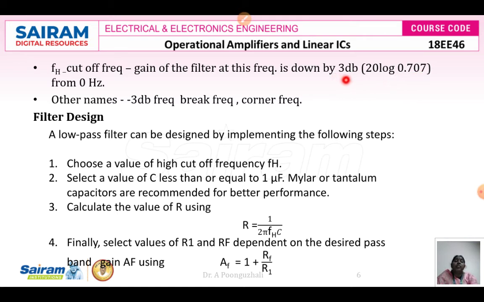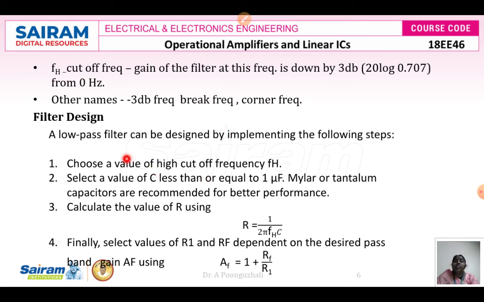So whatever the maximum gain is, from that I subtract 3 dB and see what the cutoff frequency is at that point. So here fH is the cutoff frequency. At the cutoff frequency the gain of the filter is down by 3 decibels. The other names for the cutoff frequency are the 3 dB frequency, break frequency, or corner frequency. By any one name we can call the cutoff frequency.